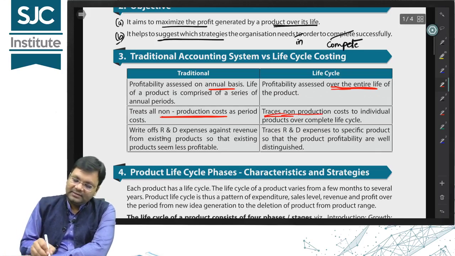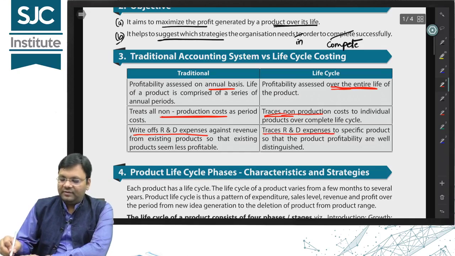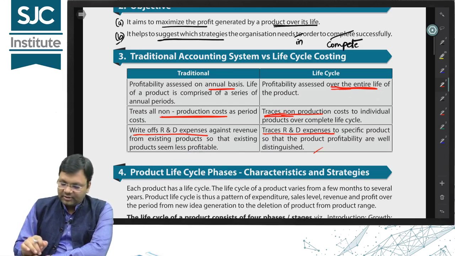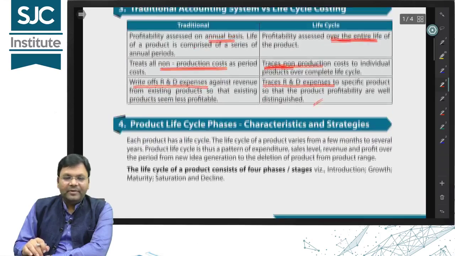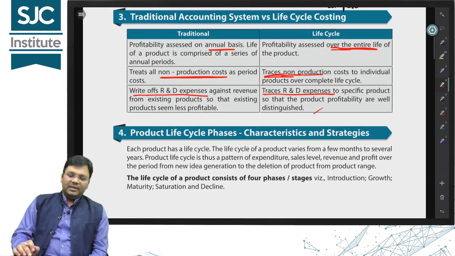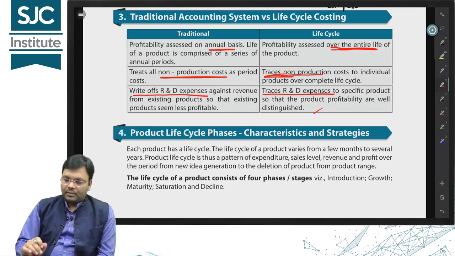For example, R&D gets written off in traditional, but here R&D cost will always be traced, so it shows the exact profitability of the product. In traditional, product profitability may get distorted because some other product's R&D cost is getting charged to another product. Why? Because we are not tracing R&D cost specifically to the product. Many times we may write off R&D as a common expenditure also.